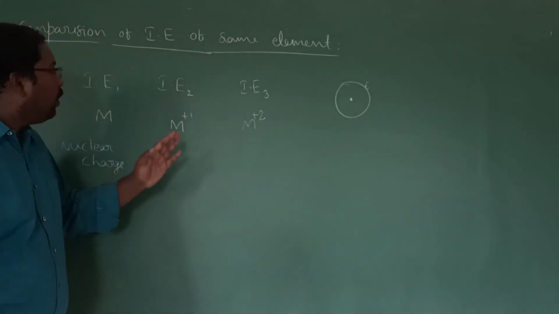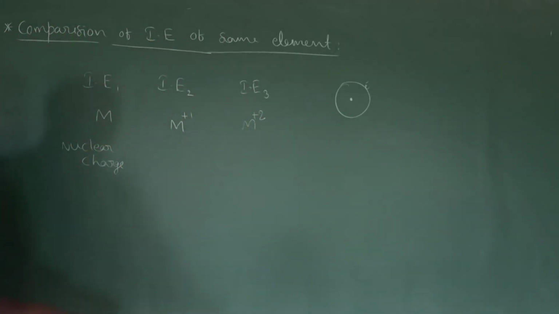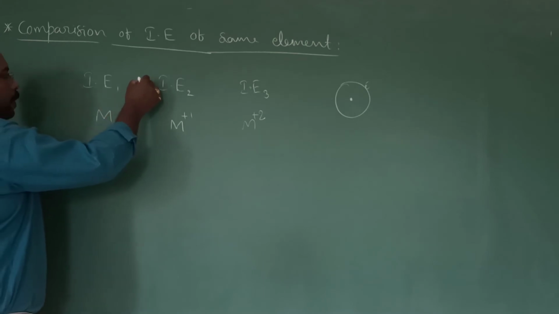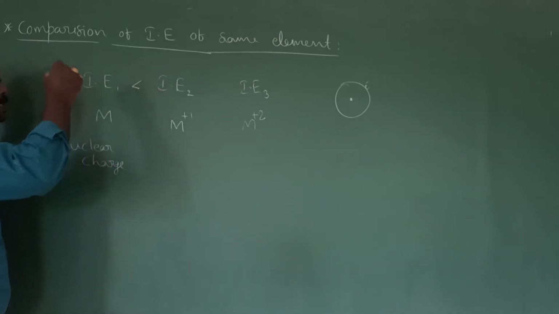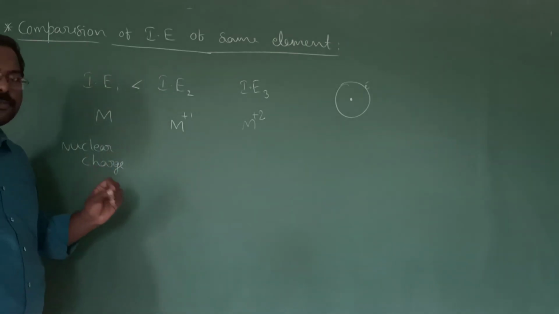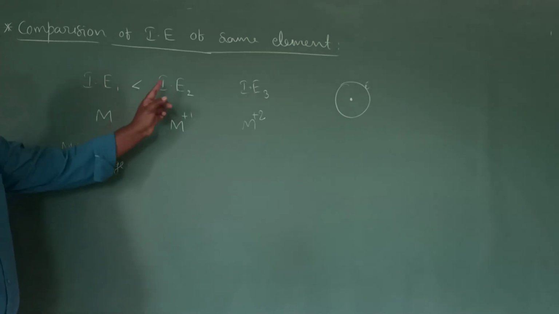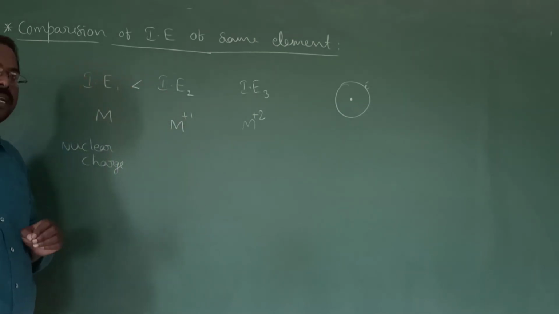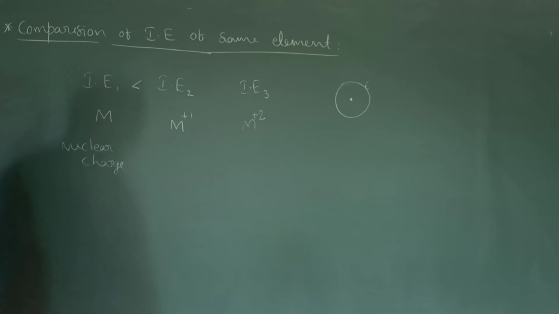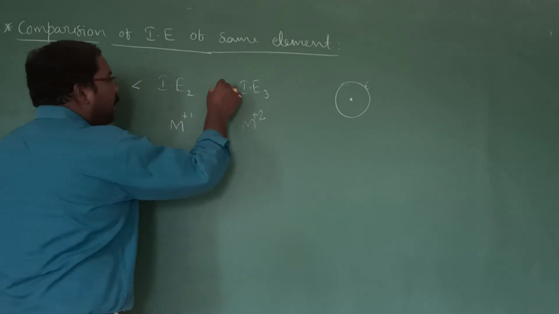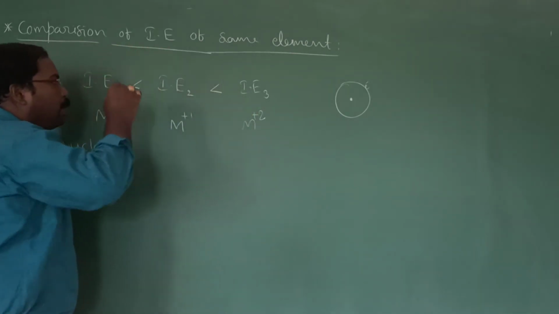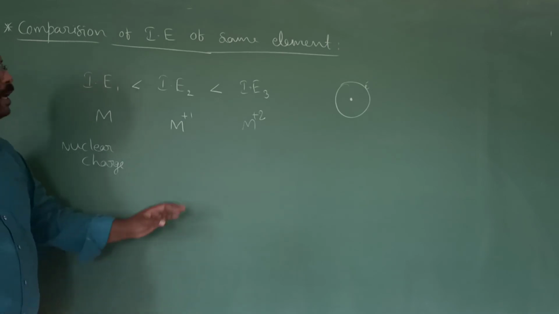So finally, what we can say is that in any element, the first ionization energy is smaller compared to the second ionization energy. Even the second ionization energy will be smaller than the third.